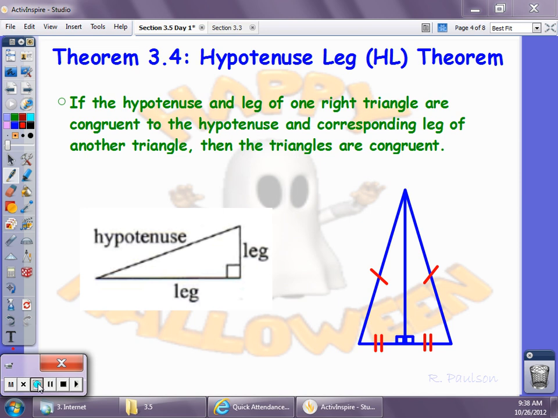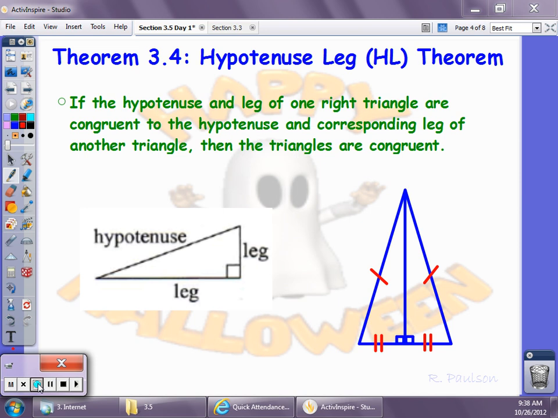So again, in order for the hypotenuse-leg theorem to work, a couple things have to be in play. We have to know that we have 2 right triangles. We have to know that the hypotenuses of both triangles are congruent, and that a corresponding leg of one triangle must be congruent to a corresponding leg of a second triangle. If you look at the diagram on the right, we can see that both triangles are right, by the markings both hypotenuses are congruent, and that one corresponding leg is congruent.